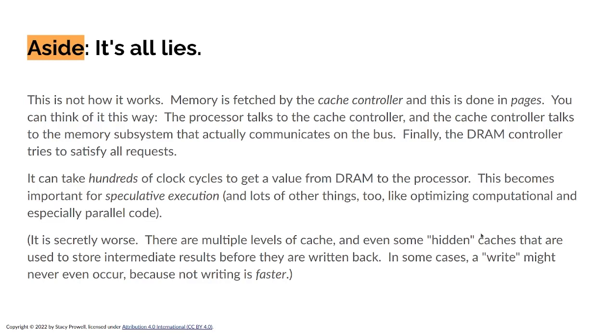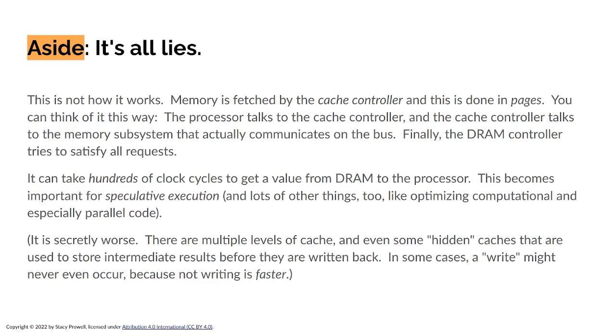Now, this is, of course, not how it works. I already hinted this a little bit. Memory is fetched by the cache controller. It's done in pages, etc. And the important thing to remember is it can take a long time for memory to get from DRAM to the processor. Just think about the fact that I have a bus that I'm talking from the processor to memory on, and I may have several different cores on my processor, or even multiple processors, and so there'll be contention, right?